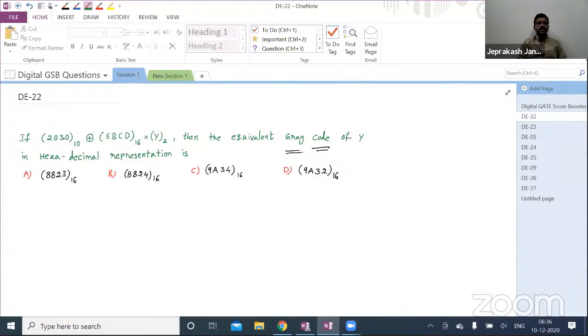How can we convert a decimal number into hexadecimal? Either repetitive division or repetitive multiplication. Which method will we follow? Decimal number into the corresponding hexadecimal number.